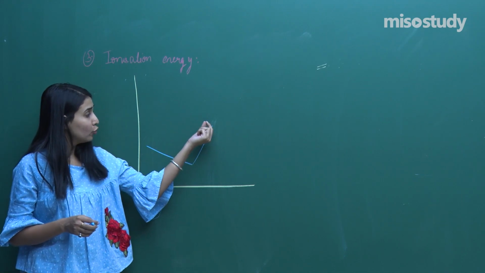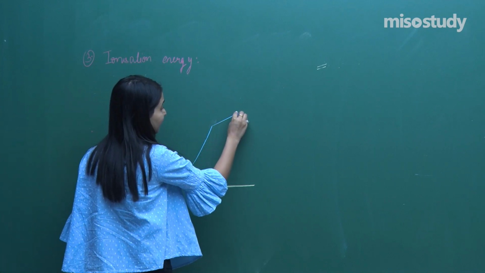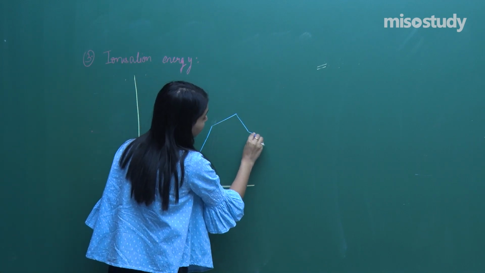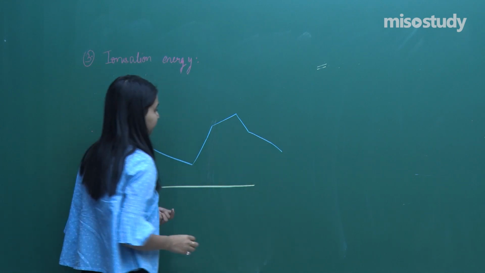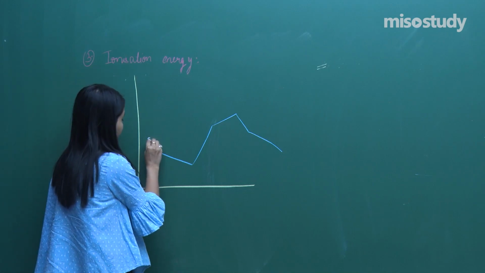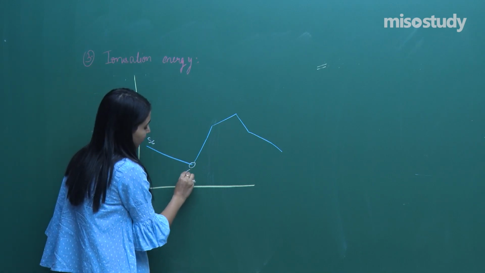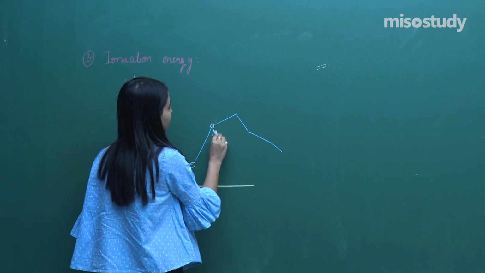Then coming up to manganese and iron, I'll see an increase. Then cobalt, nickel, copper, and zinc, they go somewhere like this. I am starting from scandium, this is chromium, then I am observing just an increase.